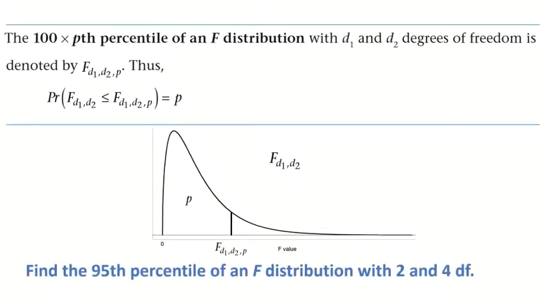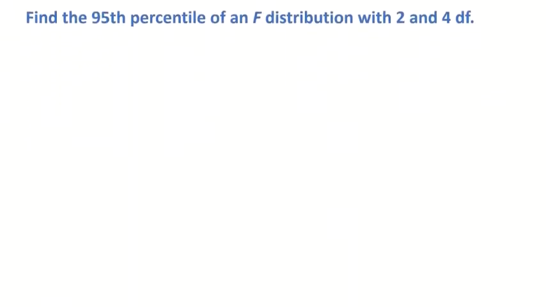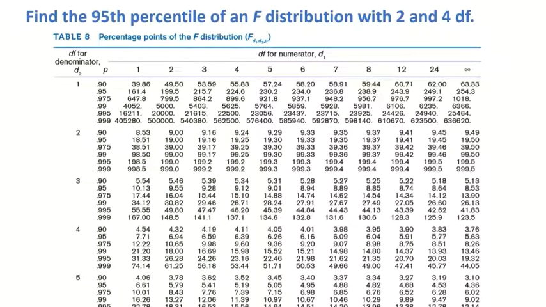So if we are asked to find the 95th percentile of an F distribution with 2 and 4 degrees of freedom, we can use table number 8 at the appendix of the book. Okay? So the columns here represent the degree of freedom for the denominator. And in our question here, that's 4.